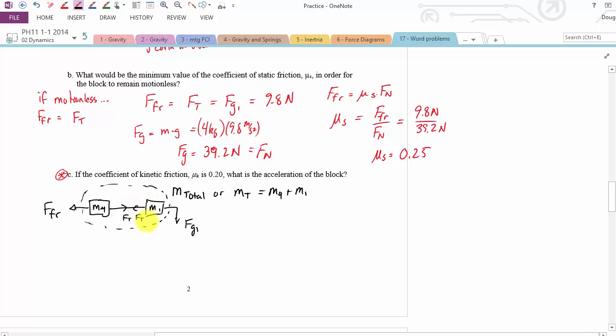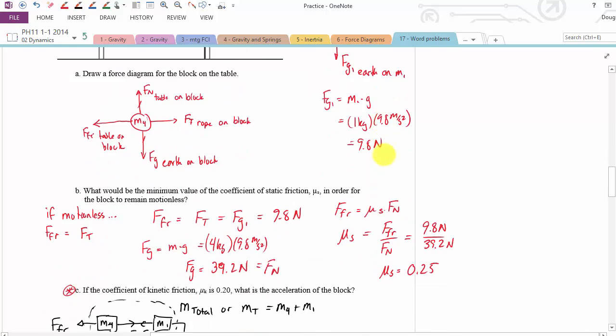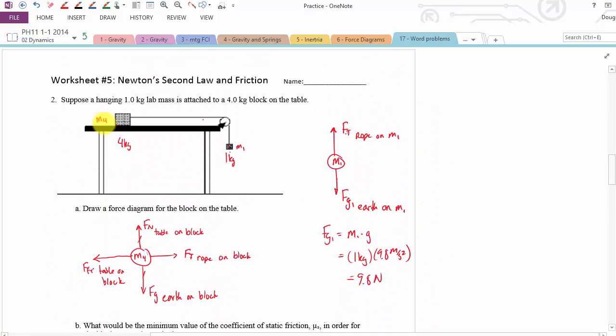We have one object that's being pulled one way with the force of Fg1. So the only force that's pulling this whole system down is that force there, force of gravity acting on that 1 kilogram mass. And there's a force acting in the opposite direction, which is the force of friction acting on this block.